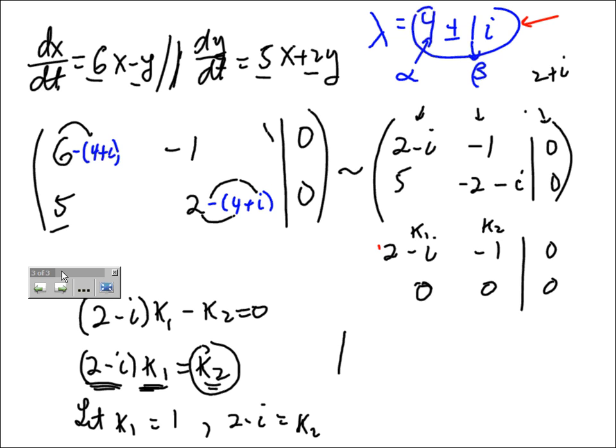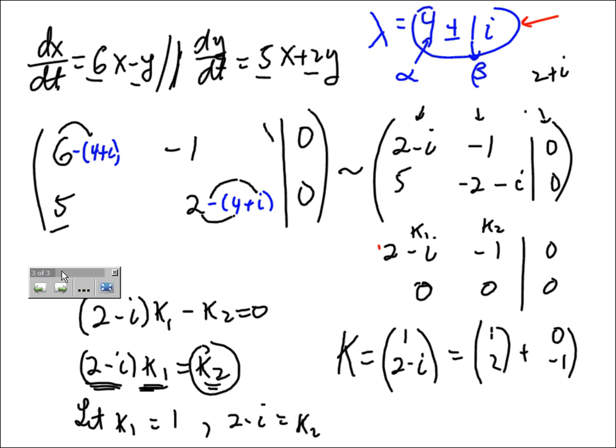So now I have K. K is equal to K1, K2. It's 1, 2, that's the real part, plus 0, negative 1i. Remember, 2 minus i is 100% the same as 2 minus 1i. And if you add these, nothing funky is going on.